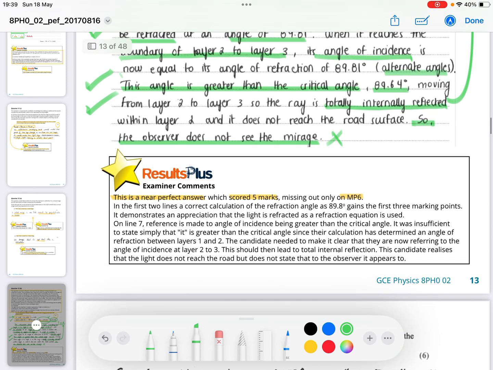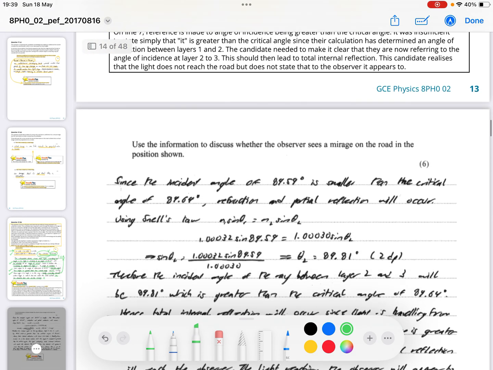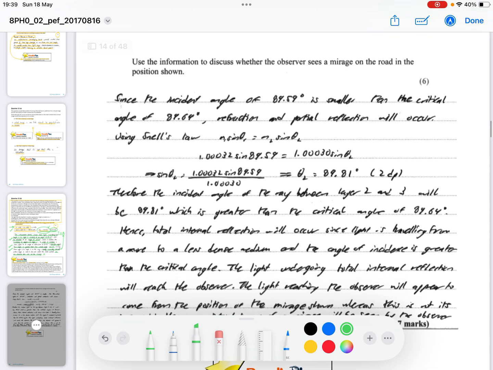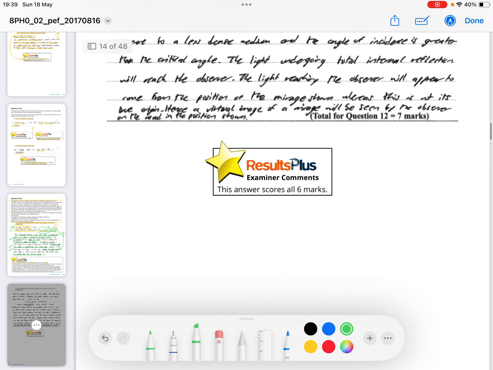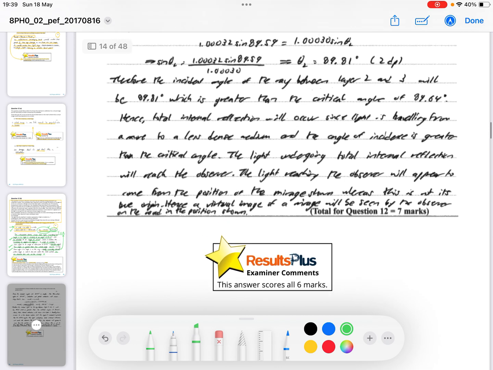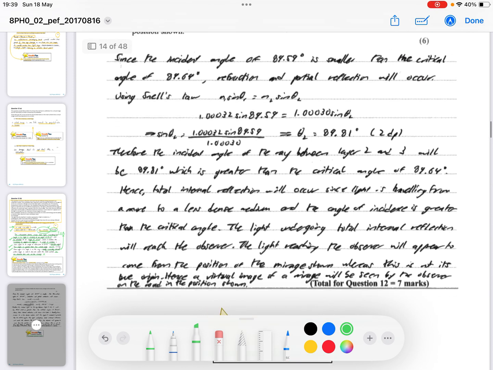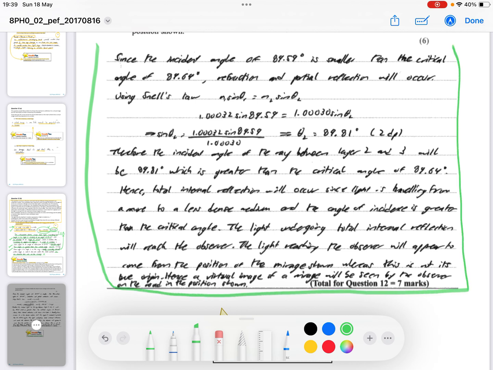So here again, the examiner has given you some comments, which you can stop the video at and read. This is an alternative answer, and I think this is the perfect answer. It says it scored 6 marks. For the sake of time, I'm not going to go through it, but you can read this and see how they write a good answer.